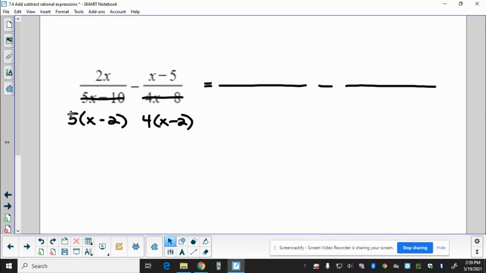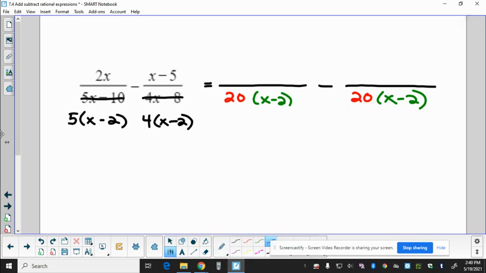Okay, so can you think of a common factor, or I'm sorry, a common multiple between 5 and 4? How about 20? I'm thinking 20 is going to work well for that. So I'm going to use a 20. And then the x minus 2 is in common to both. No need to use x minus 2 times x minus 2. That's a little too much.